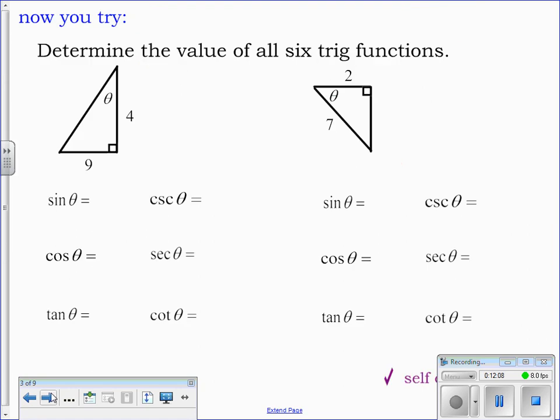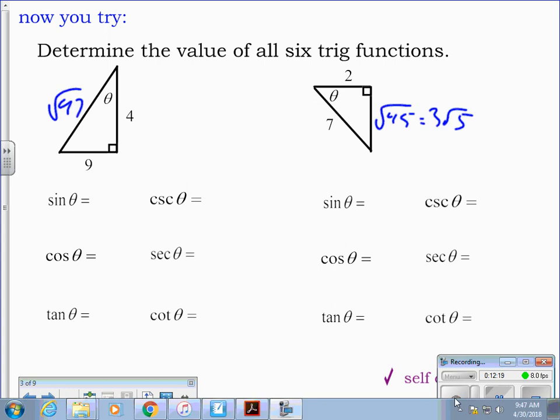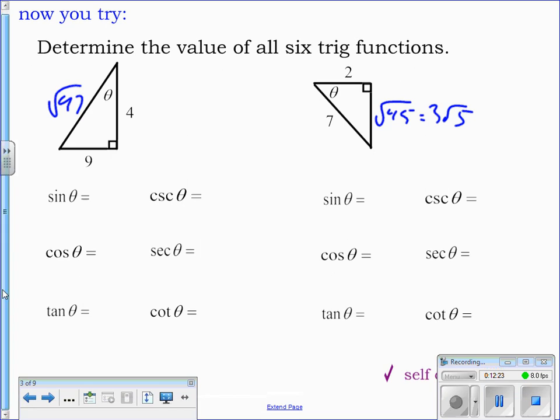Your turn, and you have to find the missing sides in both of these. Ooh. Quiet. So, Pythagorean theorem, find the missing side. Square root of 97 is the hypotenuse on this one.